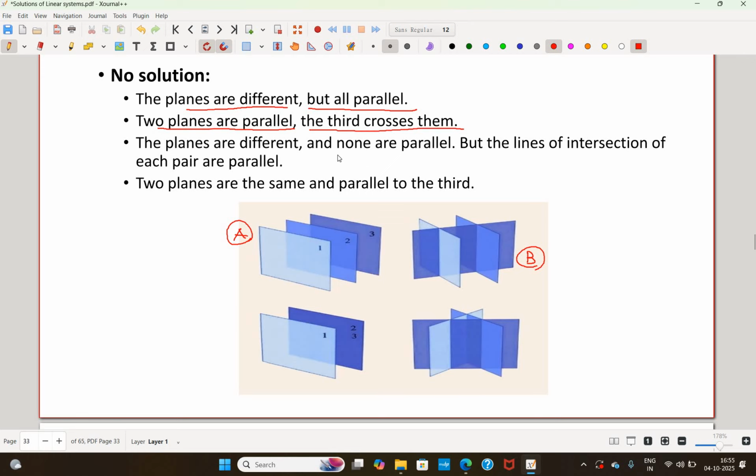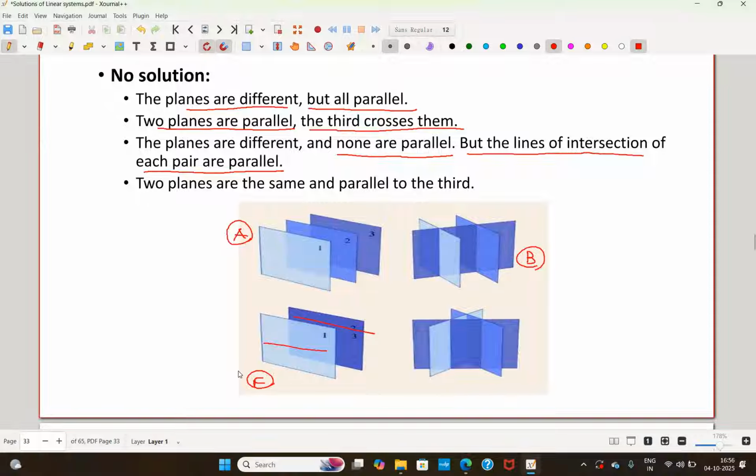The planes are different, none are parallel, but the lines of intersection of each pair are parallel. So here we can call them parallel lines, and here is the situation where no common solution is there for all three equations together. Two planes are same and parallel to the third.